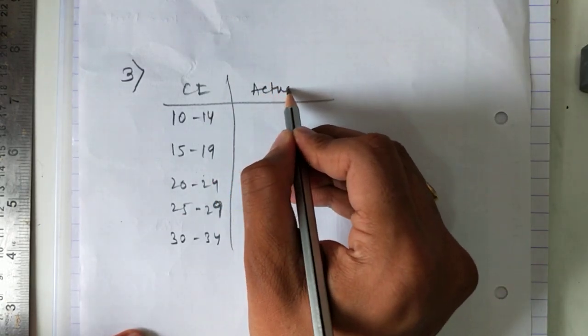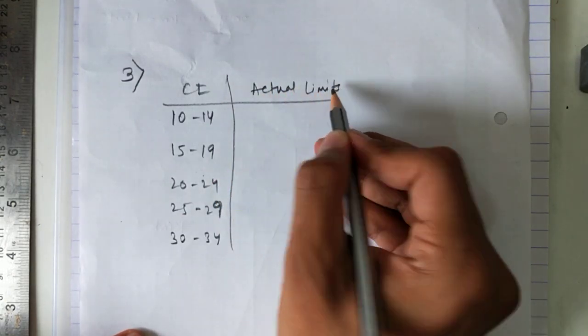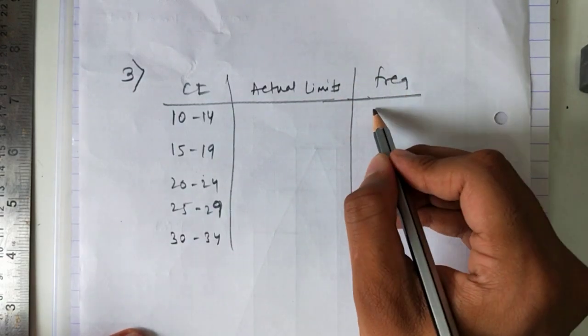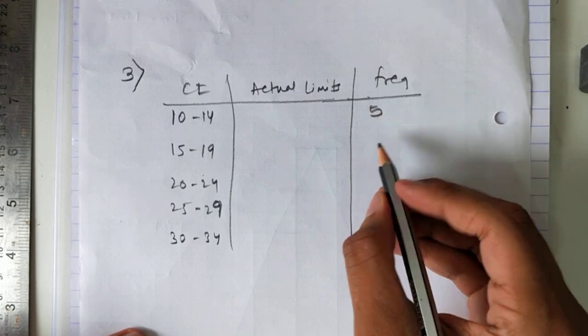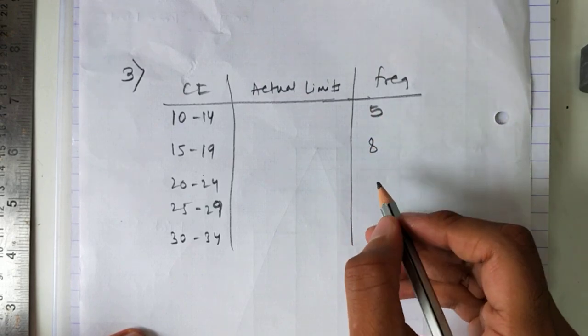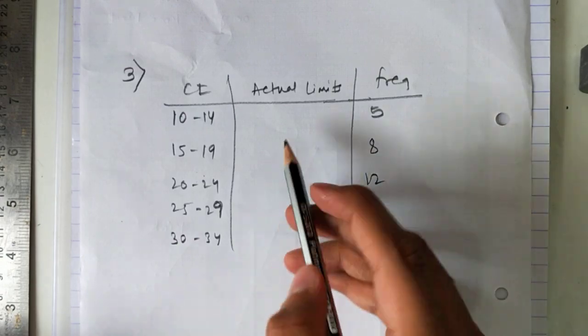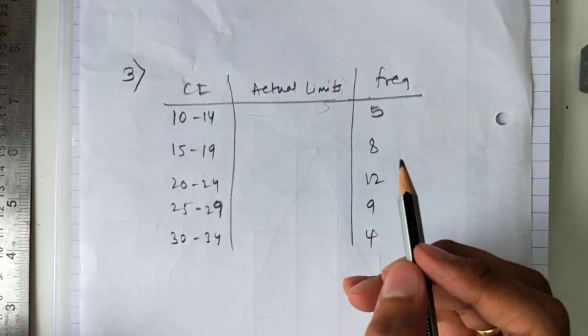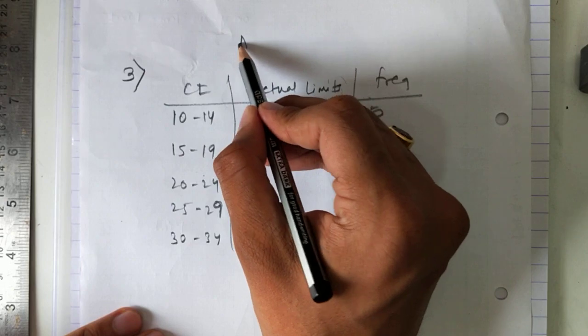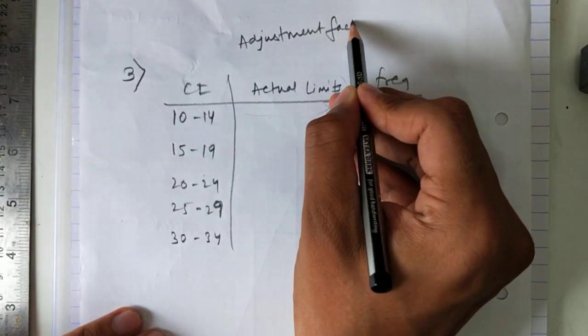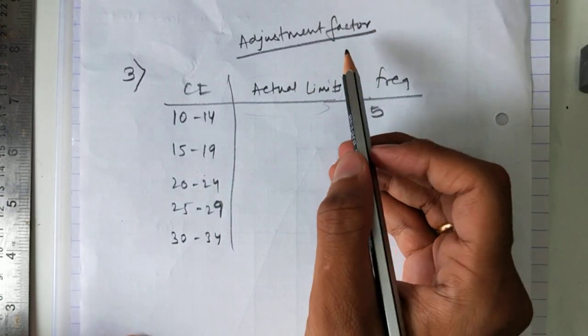Find the actual limits. And the frequency is already given. Frequency is 5, 8, 12, 9, 4. Now how to find the actual limits? You remember the adjustment factor. Okay, what was the adjustment factor?